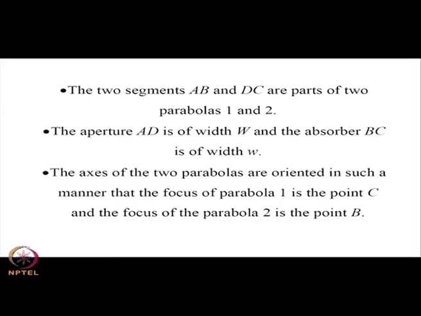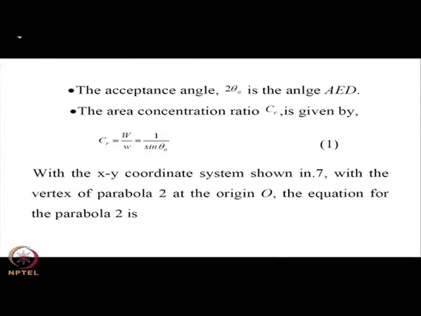Then the axes of the parabolas are oriented in such a manner that the focus of parabola 1 is the point C and the focus of parabola 2 is the point B, which we have already mentioned. And the angle is 2 theta A, which we have said.